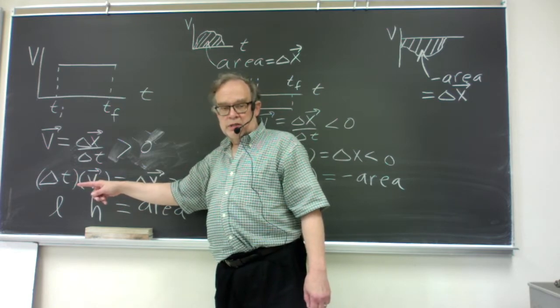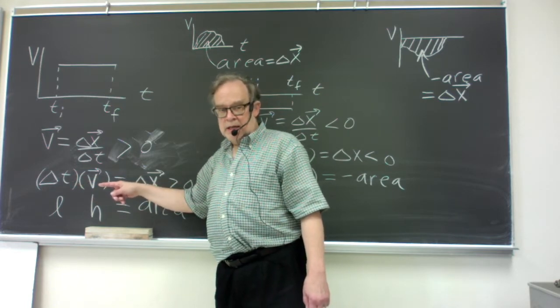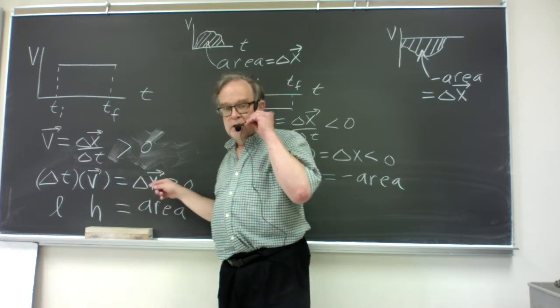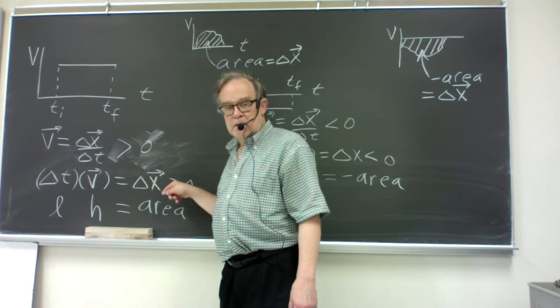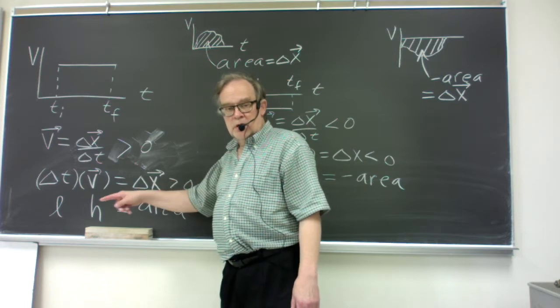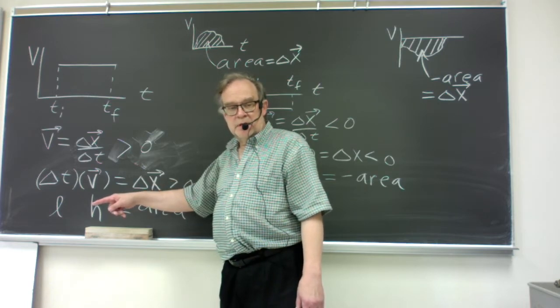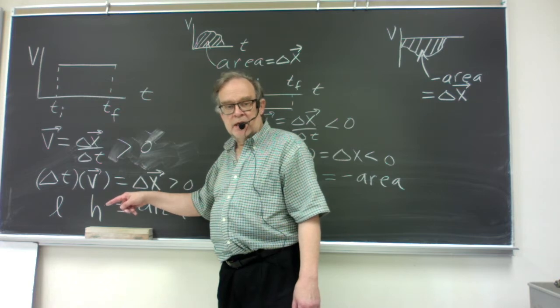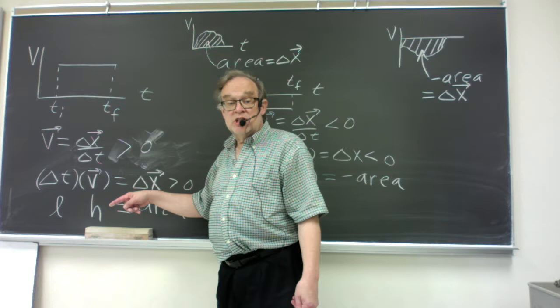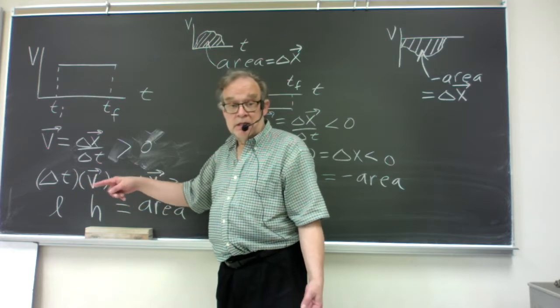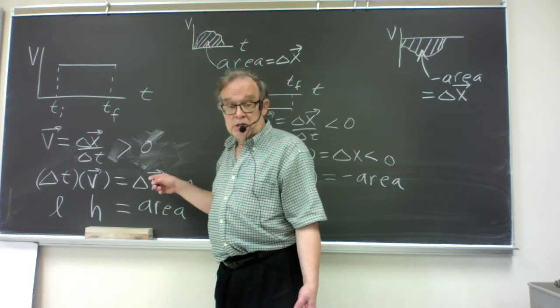Length, also known as delta t, times height, also known as v, gives us the area of that rectangle. But since length is the same thing as delta t, height is the same thing as v, then L times h is the same as delta t times v, which is displacement.